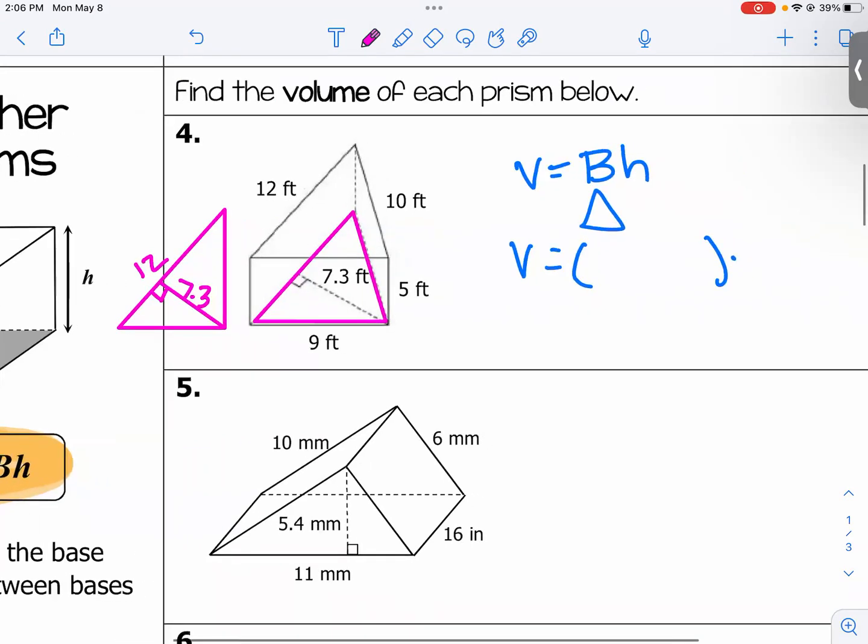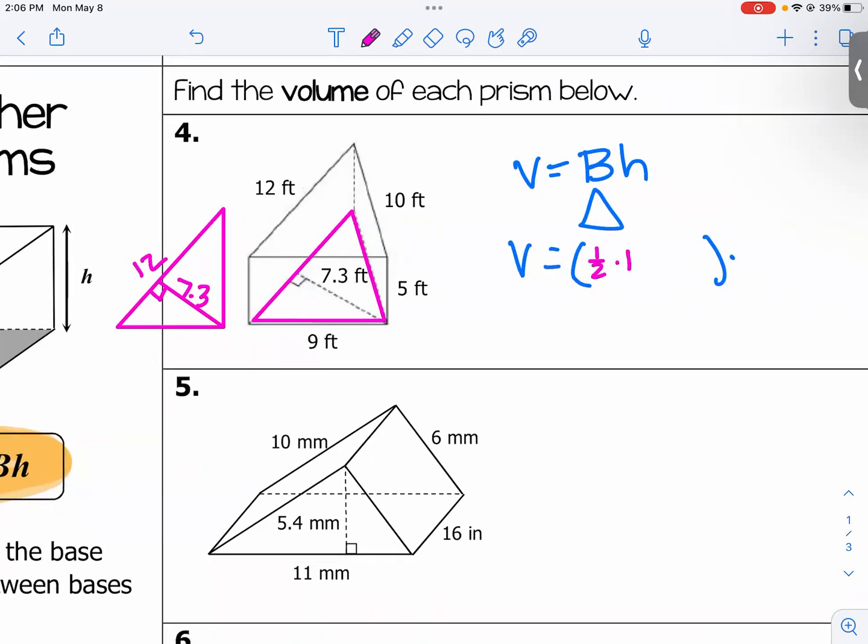I'm gonna write 1/2 base times height for my triangle. And then the height of my prism, which segment is connecting the two triangles? 5. 10 is a segment of the triangle. Yeah.